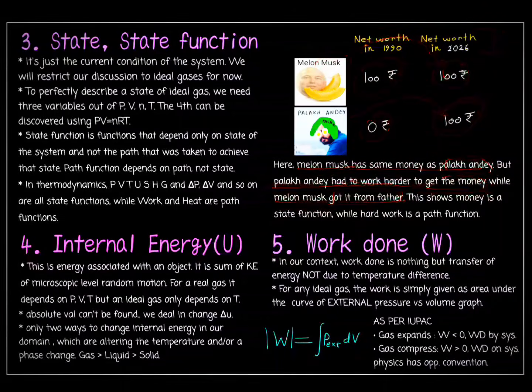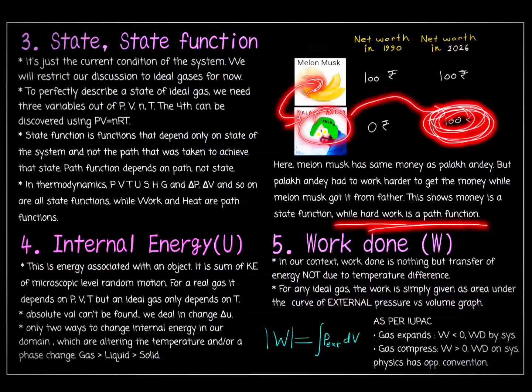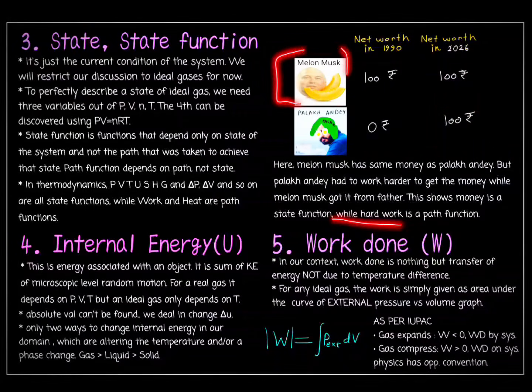So this shows that money is a state function, but hard work is a path function. Palak Ande had to do hard work to get to that money. We can see both of them are at the same state in 2026, but both of them don't have the same amount of hard work. Elon Musk did no hard work and Palak Ande did all the hard work.